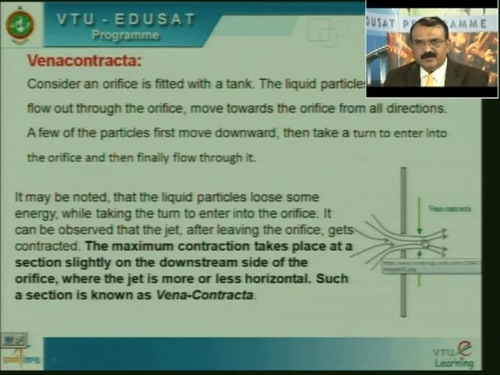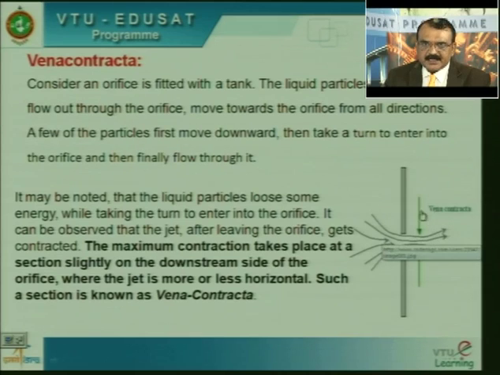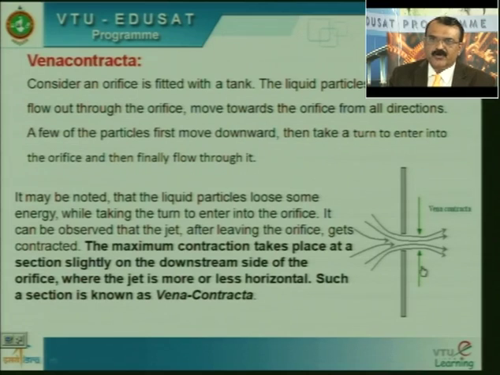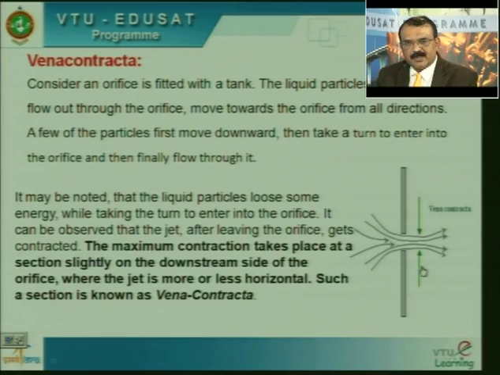If you look at this figure, I showed it almost horizontal. This section is called the Vena Contracta and is represented as CC. From here afterwards we are going to use the Vena Contracta to a great extent in later derivations and also in problems.